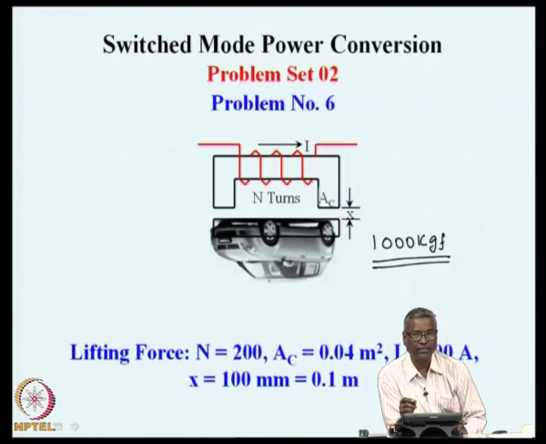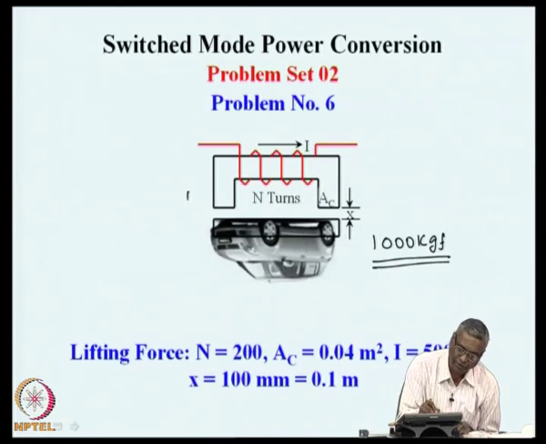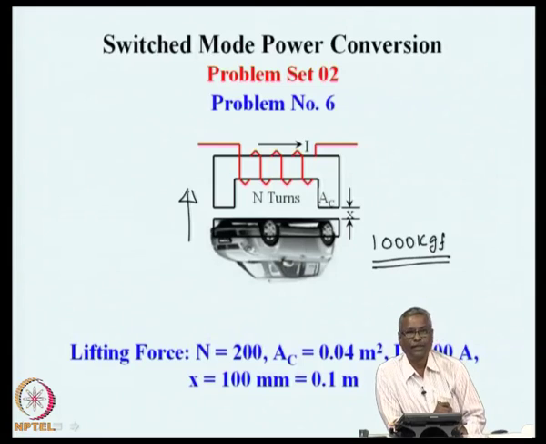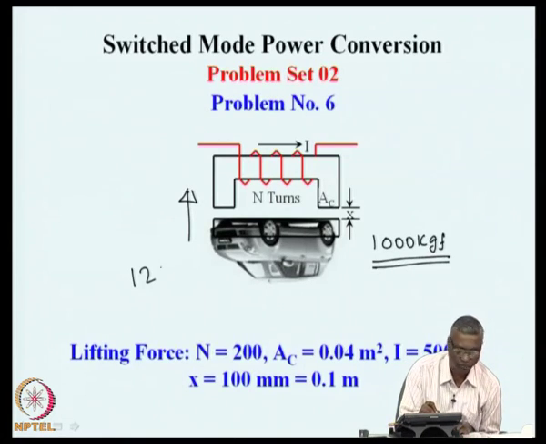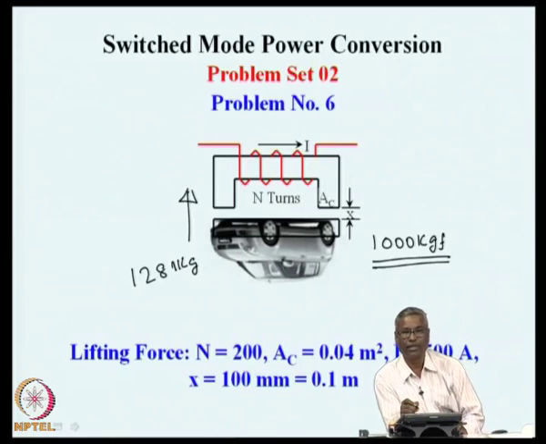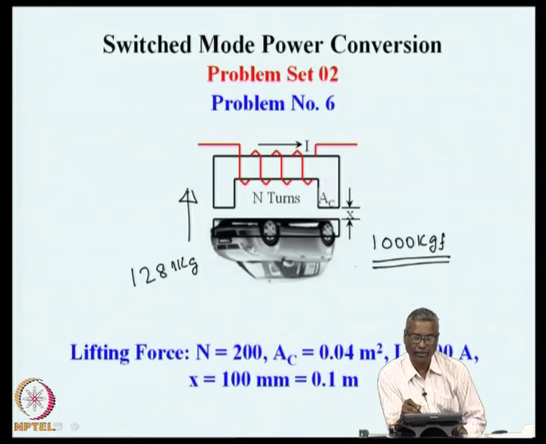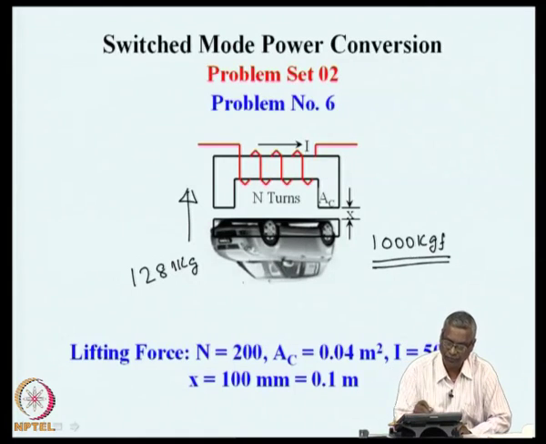In this particular case, a lifting force in the direction shown from the load to the armature, and the lifting force we calculated was about 1281 kg, which is more than the weight of a typical Maruti car here. So, this configuration can be used to lift weights of this nature.